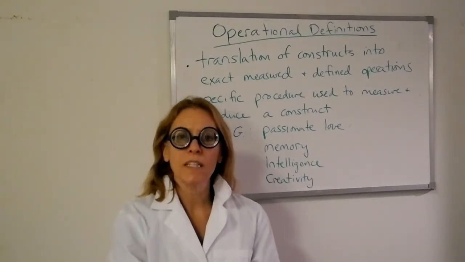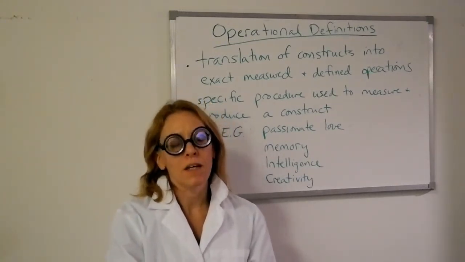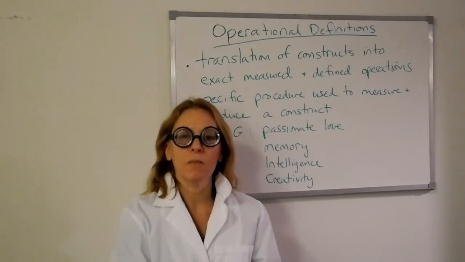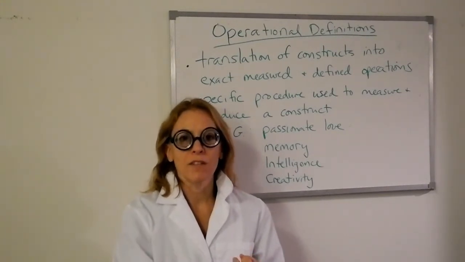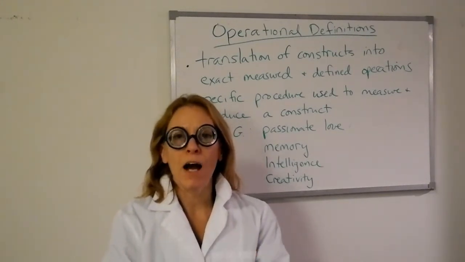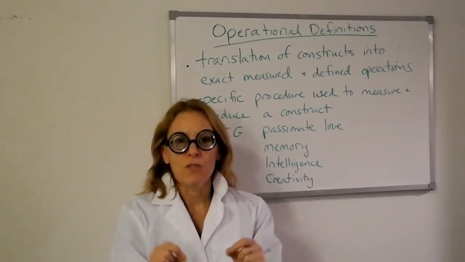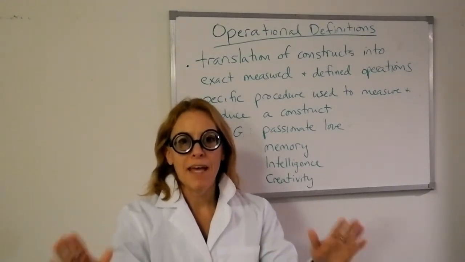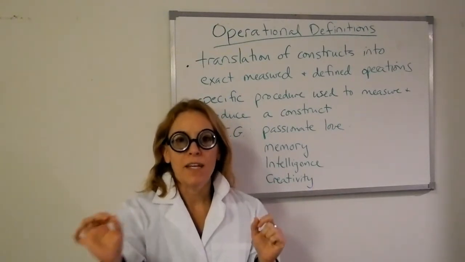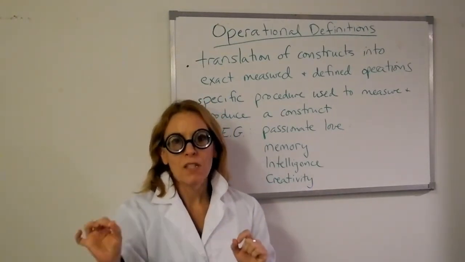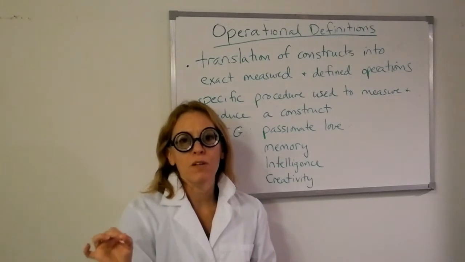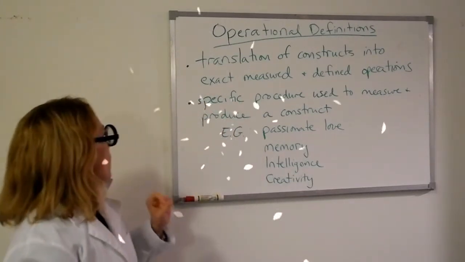We have to really measure memory, but there are hundreds of ways that we could possibly measure it. So we need to figure out how best it fits our study, our purposes, and our hypothesis, and then we choose that way, and then we tell everyone else exactly how we measured it so they can replicate it if they want to. Remember that replication is extremely important for the scientific method.